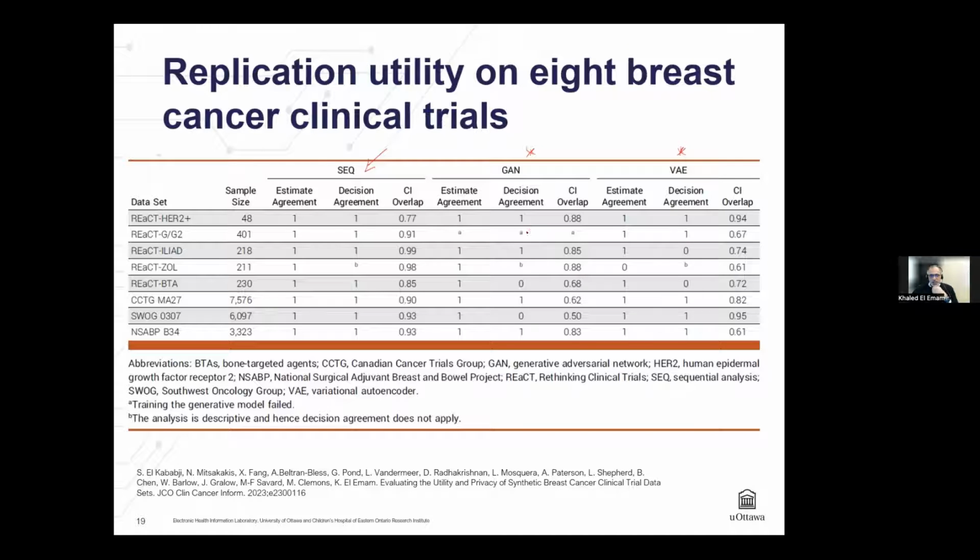So that was interesting in that utility was different depending on the method that you're using, which is not completely surprising. Some methods work better in certain data sets than others. But now we're starting to get data across multiple real data sets about which methods perform well under what conditions.